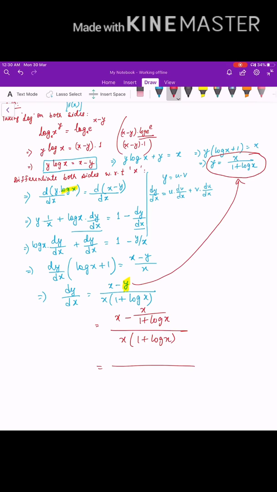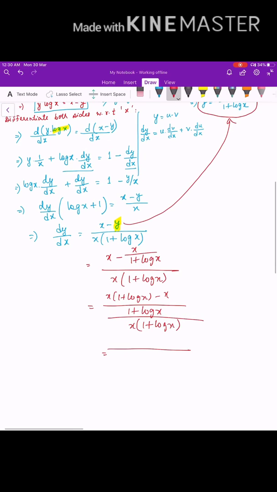I'll take the LCM, (1 plus log x) into (1 plus log x) minus x, upon x into (1 plus log x), is equal to x plus, I'll open the bracket, log x minus x, into x into (1 plus log x) whole square, right? x log x upon x into (1 plus log x) whole square.